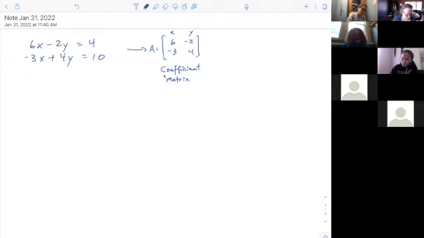There's nothing magic about that. It's like you call your variable X or Y or Z or W or whatever. But typically we refer to the coefficient matrix as the matrix A. And then we have the right-hand side, which in this case is 4, 10. So this is the right-hand side.